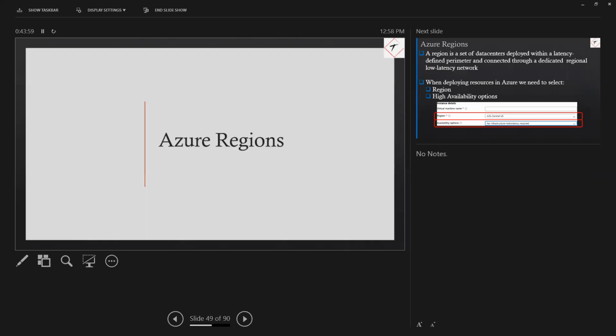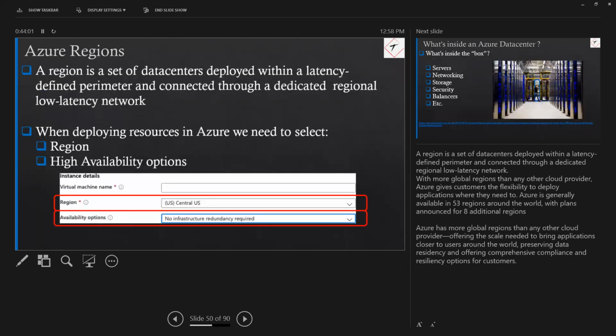So what are Azure regions? A region is a set of data centers which is deployed within a latency-defined perimeter and connected through a low latency network. With more global regions than any other cloud provider, Azure gives customers the flexibility to deploy applications where they need to.